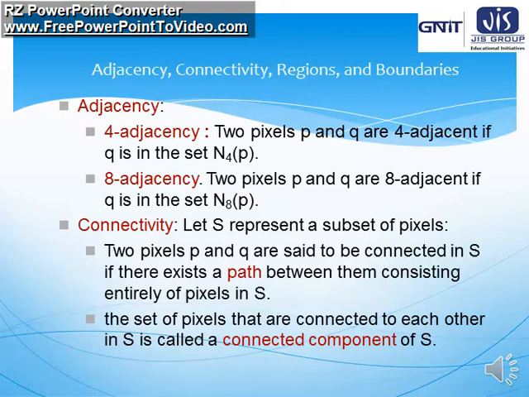Two pixels P and Q are said to be connected in S if there exists a path between them consisting entirely of pixels in S. The set of pixels that are connected to each other in S is called a connected component of S.